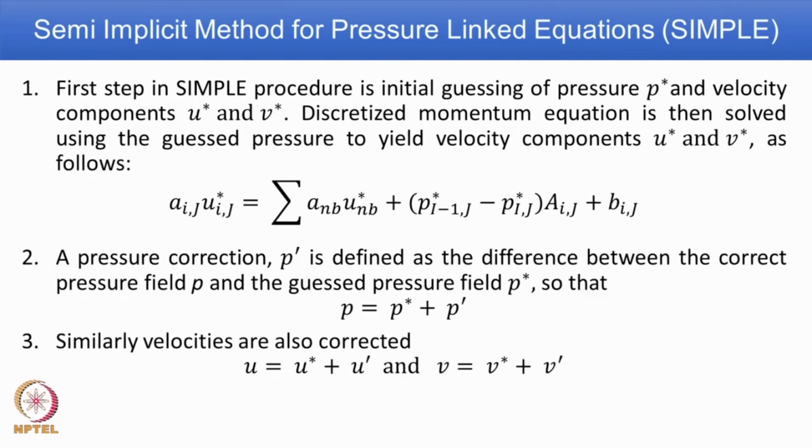The first step in the SIMPLE procedure is initial guessing of the pressure as well as velocity components. As I mentioned in the last class, we have a domain defined, then you have a grid defined, you also decide the choice of variables location, boundary condition is defined, and then you have to start the calculation or simulation. To start the simulation we need to make a guess.